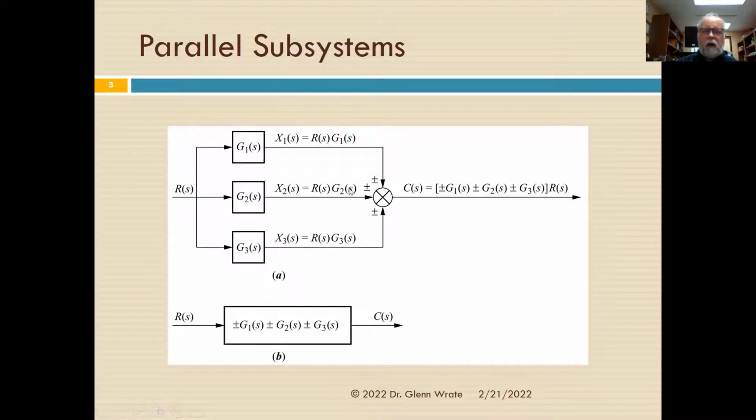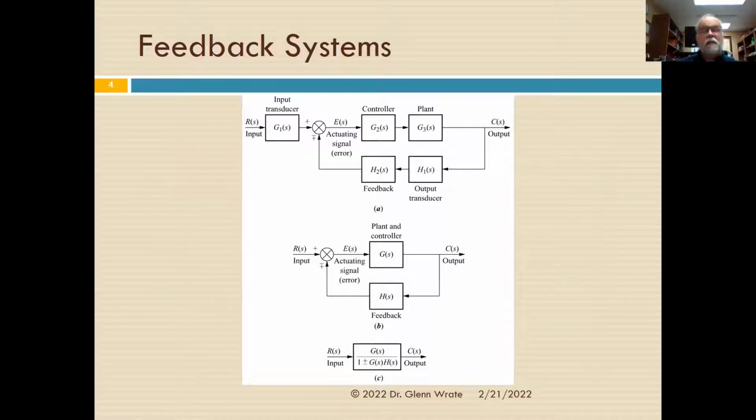But coming back together again, we've got to say, okay, how are we putting this back together again? And this is a summing junction. So we're just adding, and then whatever sign we have on the summer, we're adding or subtracting each one of these. So multiplication, and then we have addition for parallel subsystems.